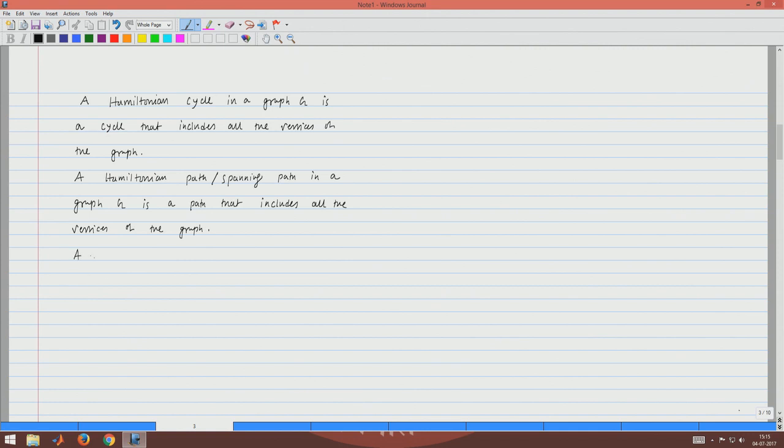And a graph is Hamiltonian if it contains a Hamiltonian cycle.